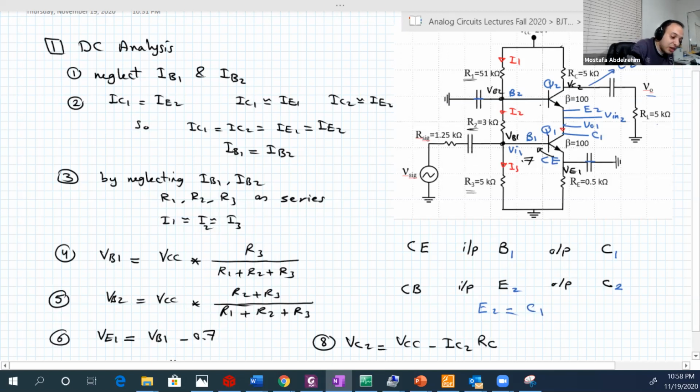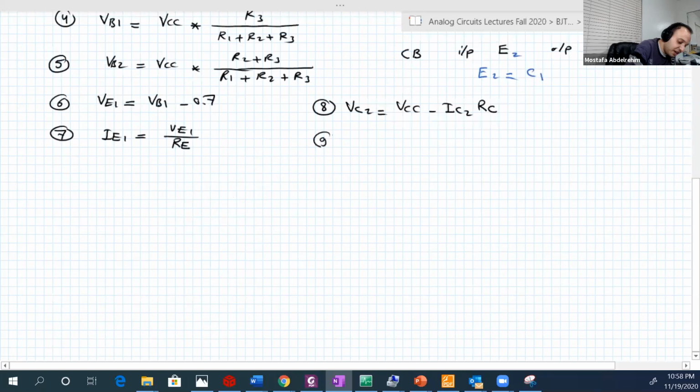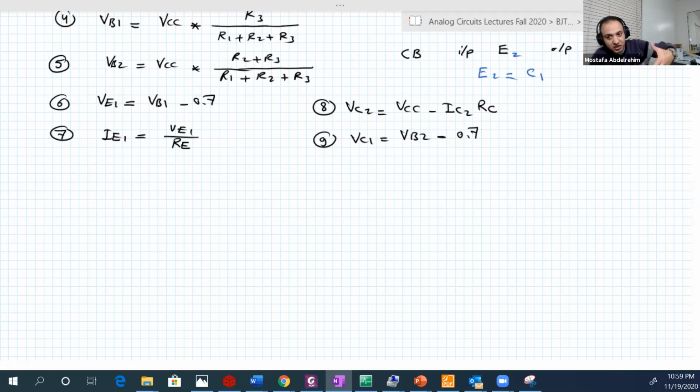VC1: remember again, here there is also 0.7. VC1 is actually VE2, same point, same node. So VC1 is equal to V base 2 minus 0.7. And of course, to check that they are in the active region, V base 1 minus VC1 should be less than 0.4, and V base 2 minus VC2 should also be less than 0.4.